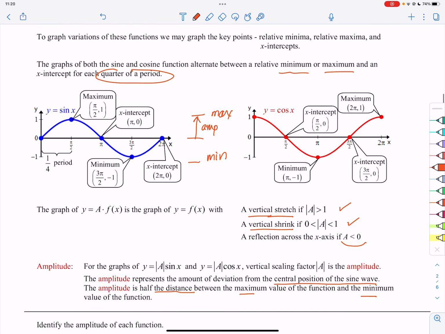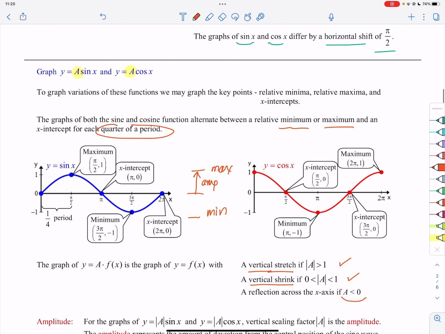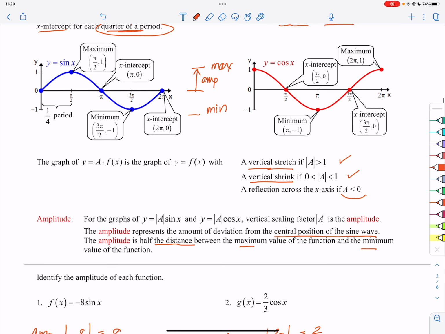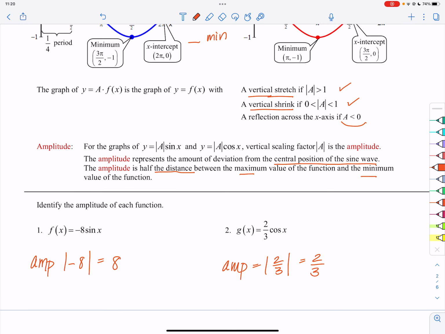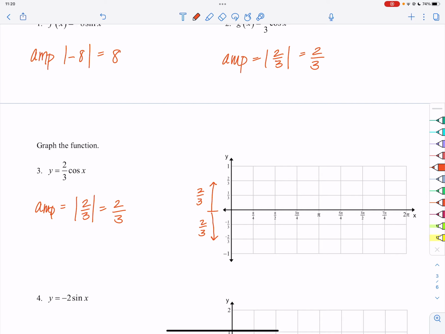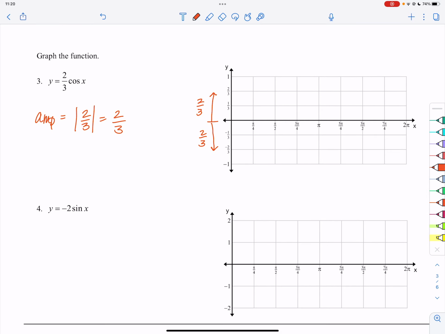If you can remember what they said about our x-intercepts, they are a quarter of each period, okay? So if we divide a period of 2 pi, you can see what we have here. So we will cross pi over 2, 3 pi over 2.